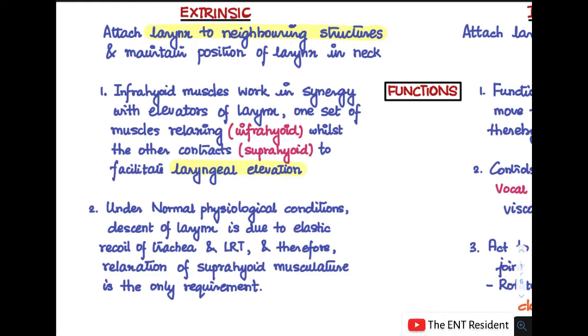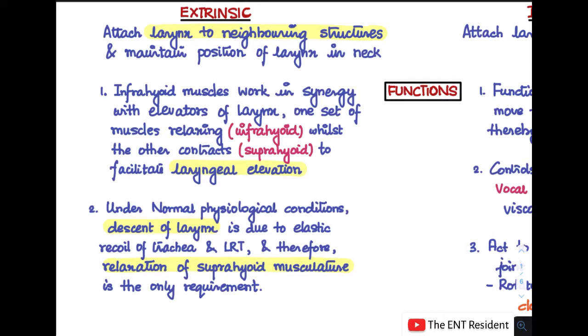Now second function is that under normal physiological functions, the descent of larynx is happening due to the elastic recoil of trachea and the lower respiratory tract, and therefore for this descent of larynx, only the relaxation of suprahyoid musculature is the only requirement.